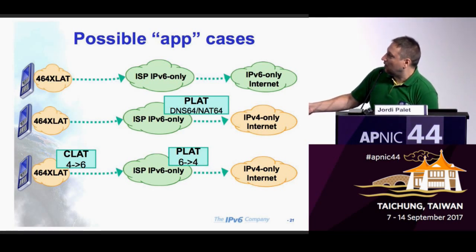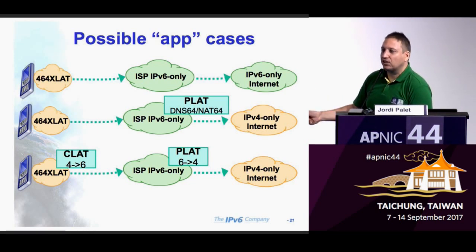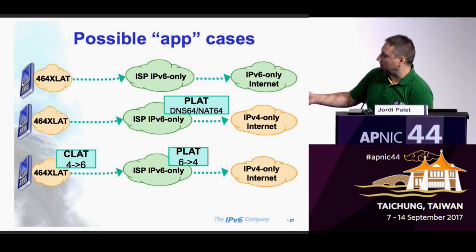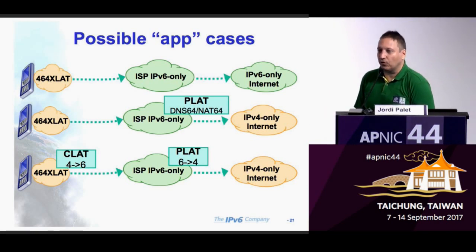The device will try to connect using IPv6, but because this is IPv4 only, we'll need the well-known prefix or the network-specific prefix to synthesize the quad-A record and being able to be translated by the NAT64. Okay, so we have one level of translation. Why this is possible? Because it's using DNS64.